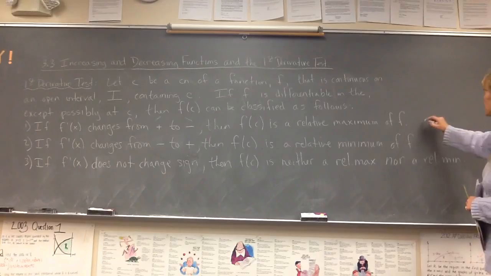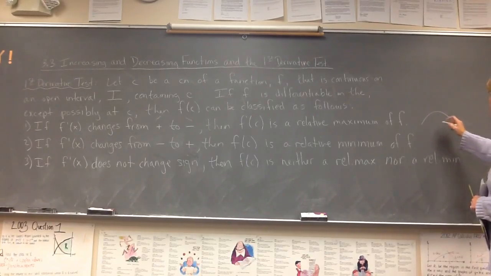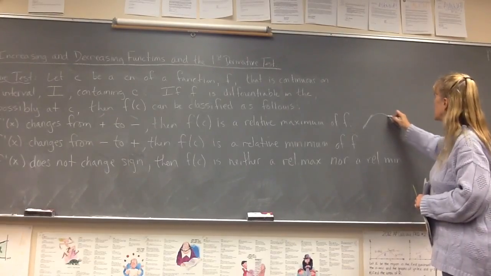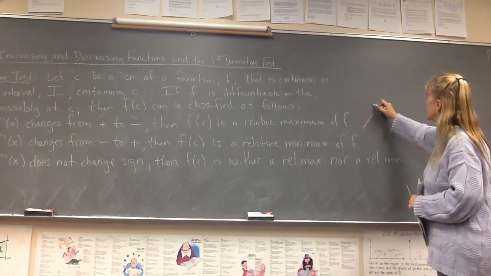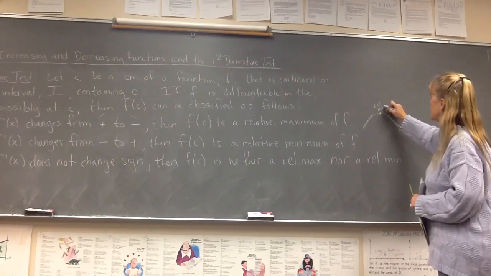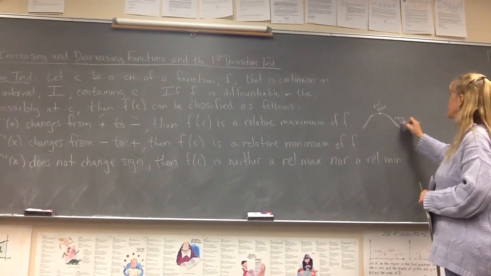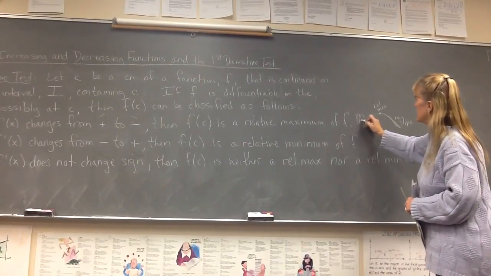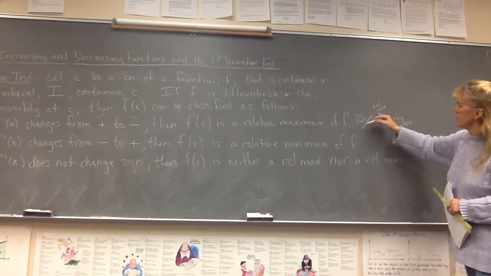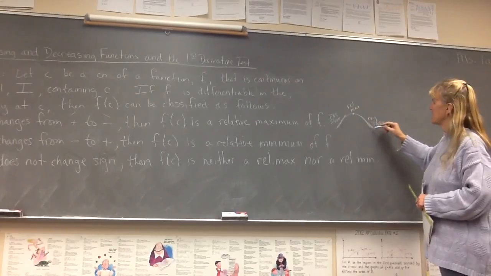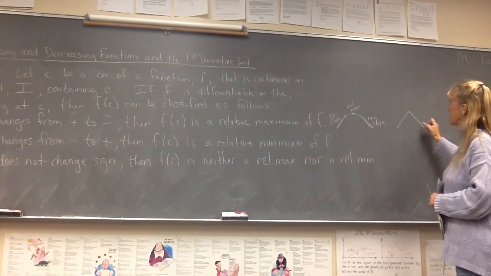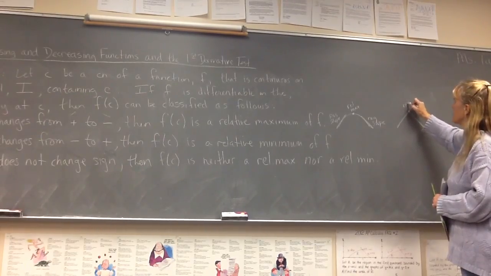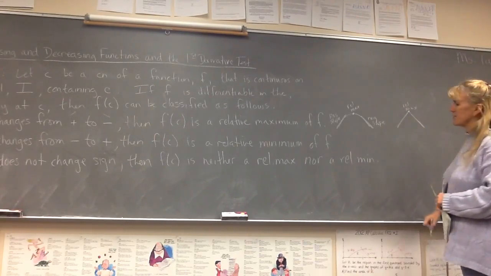Okay? So we're changing from positive to negative. This is a positive slope, this is a negative slope, and this up here is my relative max. This is a negative slope, this is a positive slope. Anytime we're changing from a positive slope to a negative slope, even if it's like this, positive slope, negative slope, we still have to go through our relative max.